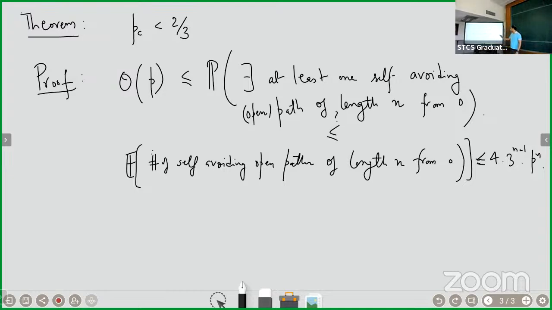So where is this quantity going as n goes to infinity? We're going to what's the next?